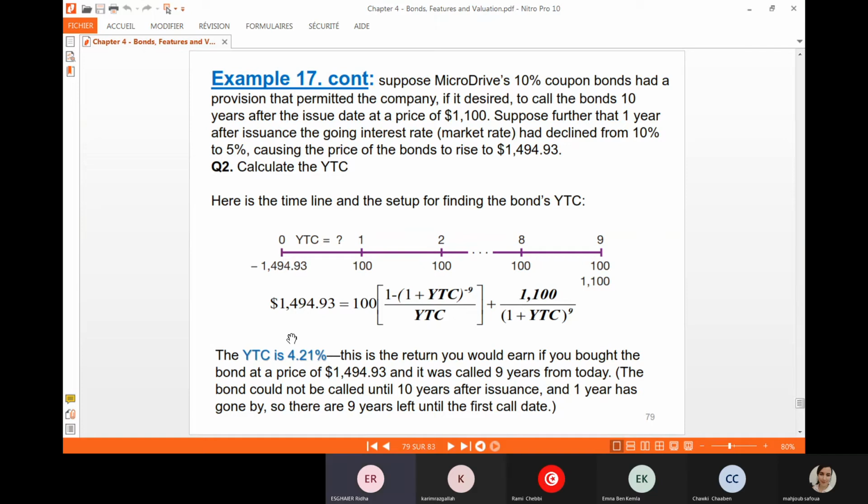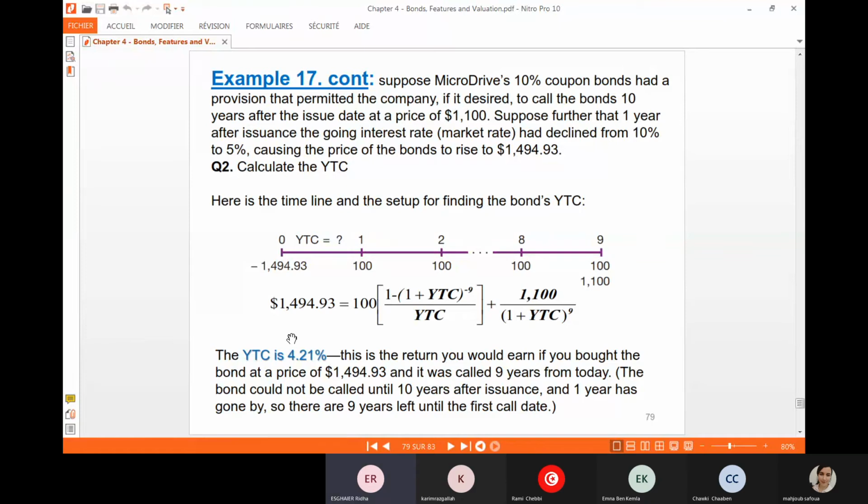Of course this made the value of the bond, the price of the bond, go up a lot, to 1494.93 as we said, because the yield to maturity is low at 5% and the coupon rate is 10%. In this case, calculate the yield to call of this bond.